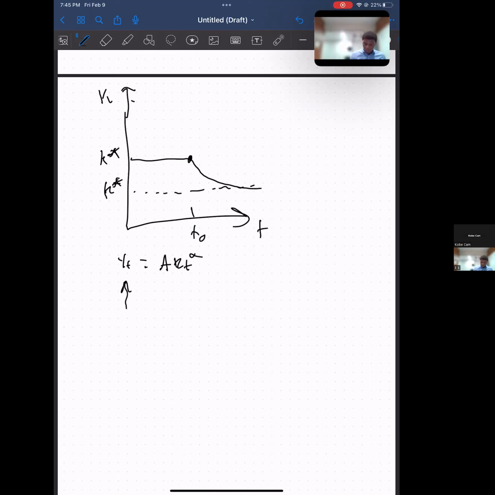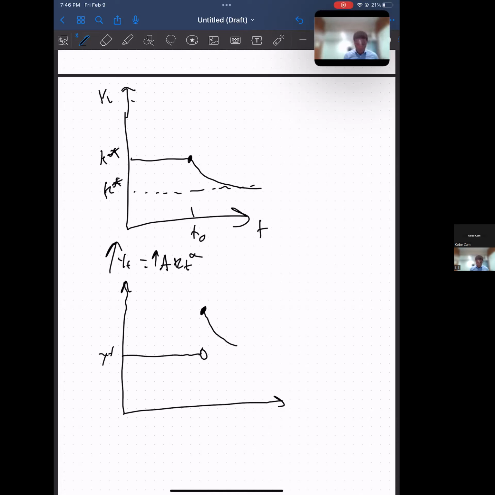So what happens at time t0? Well, remember, technology has increased. It's gone up. So what happens first? We should see a pop, right? So if technology goes up, this also goes up. Does that make sense? What happens next? Well, we see that it goes down, right? The question is, how far down does it go?